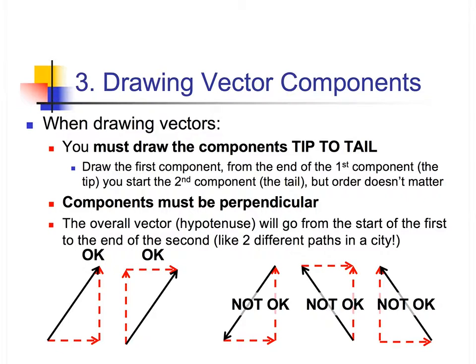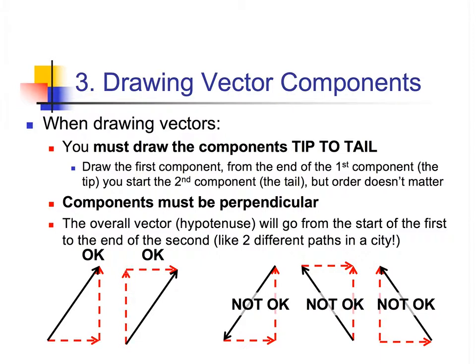So when we have a vector at an angle like this, we're always going to start at the tail of our vector, at the beginning, and we're going to draw our first component. I usually draw the horizontal component first, but you are welcome to draw the vertical component first.